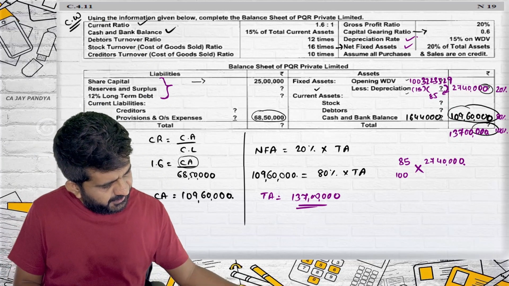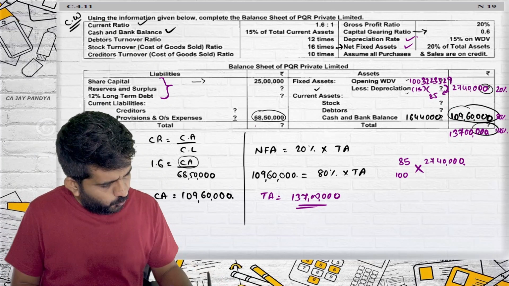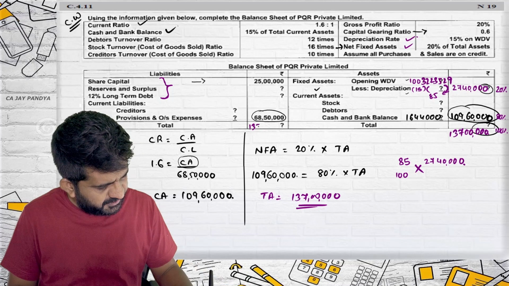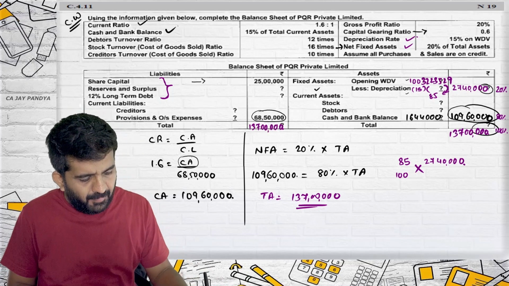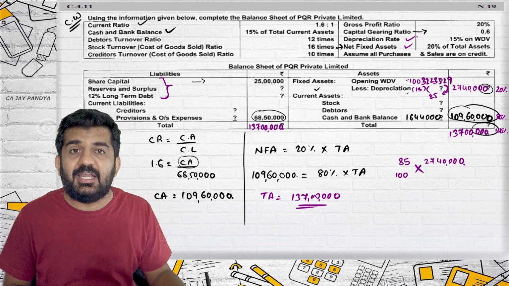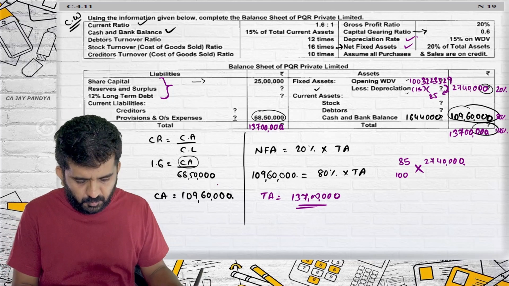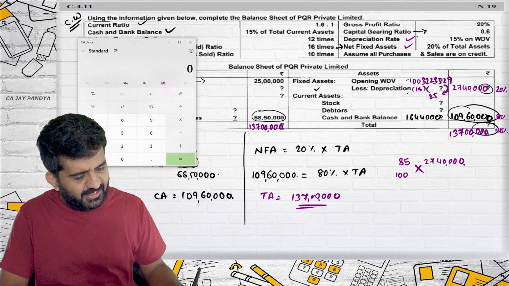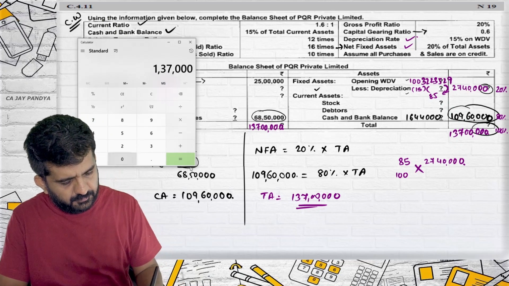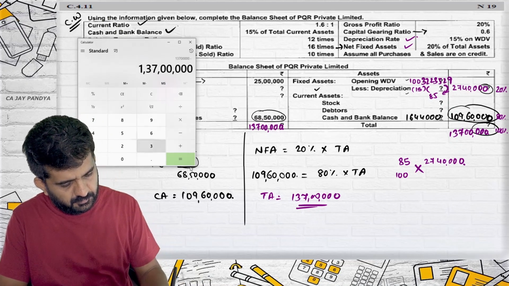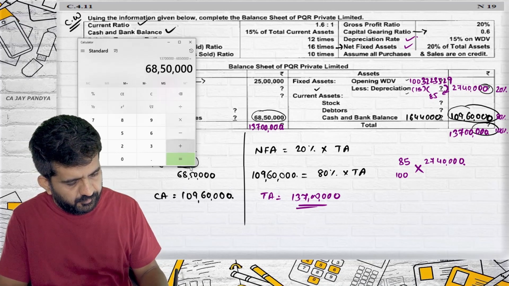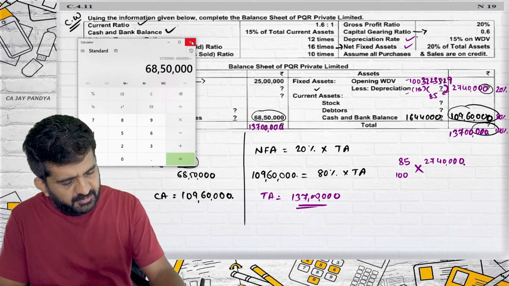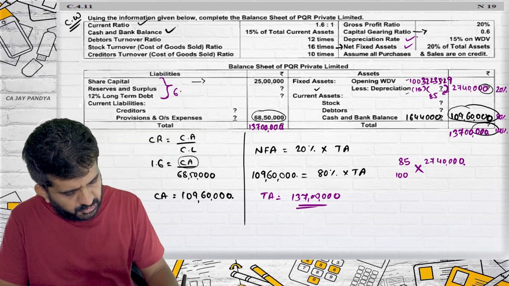How I can find it out is the total of this will be 137 minus this 68,50,000. 137 minus 68,50,000 will be 68,50,000.